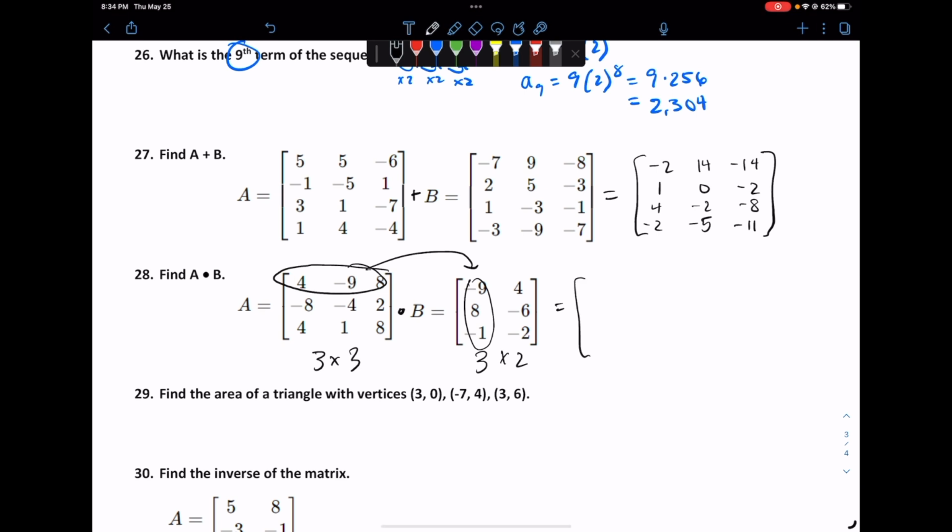All right, so row times column. So we got 4 times -9, that's -36. -9 times 8, that is -72. 8 times -1, that is -8. So let's see, that'll be -108.